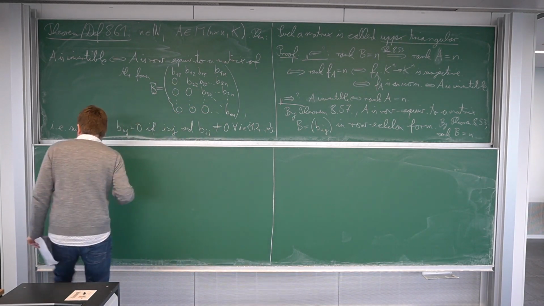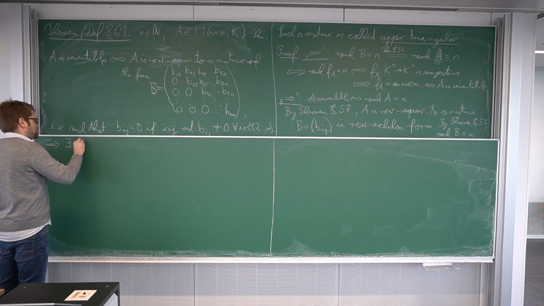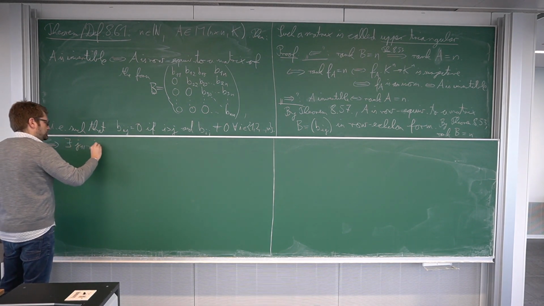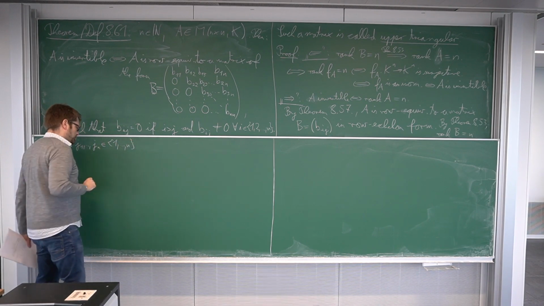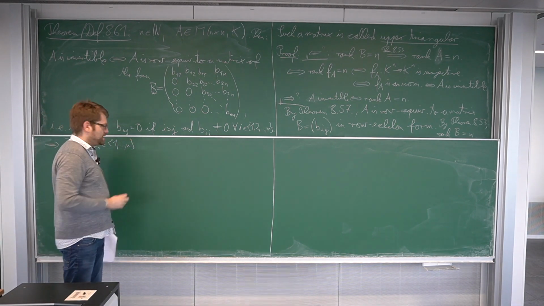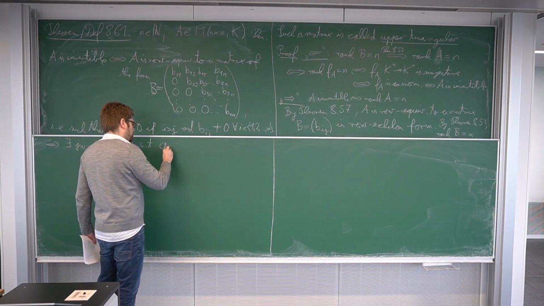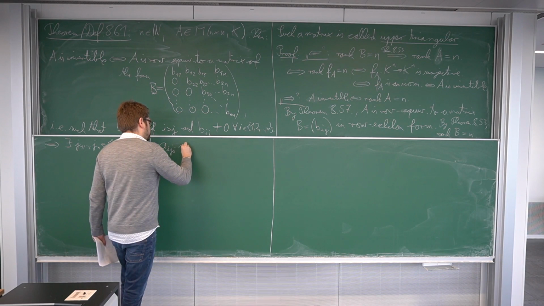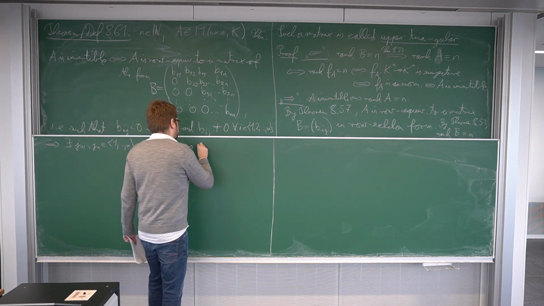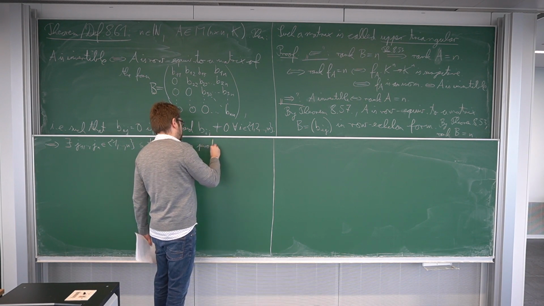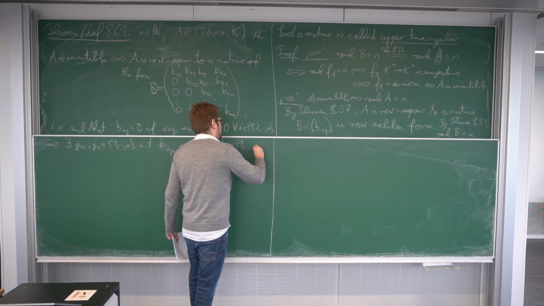So to formulate these pivots, we have numbers j1, j2 to jn from 1 to n, column indices, we have n columns, such that Bij is a pivot for all i between 1 and n.